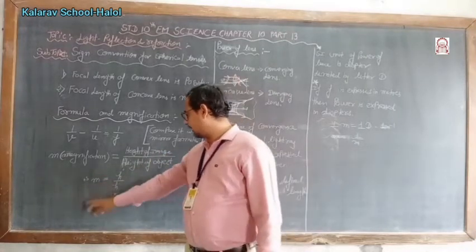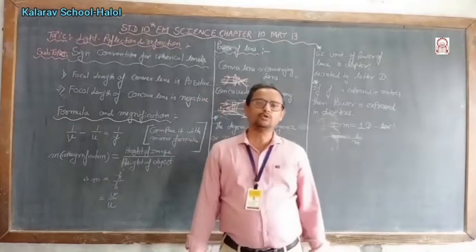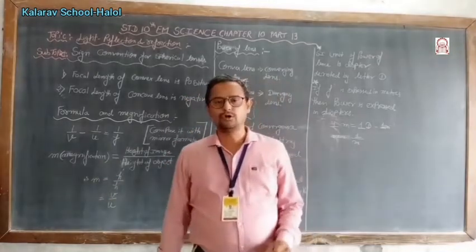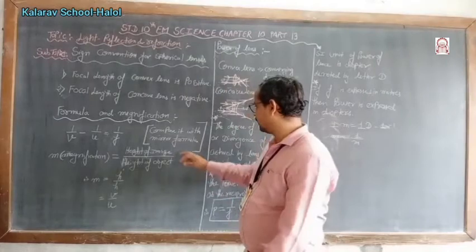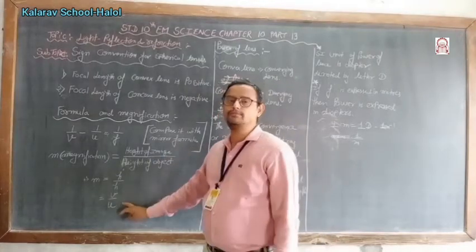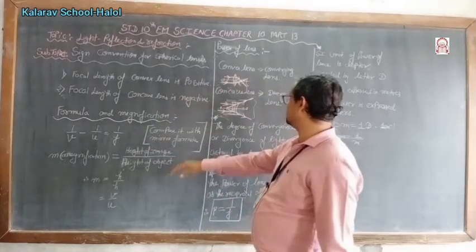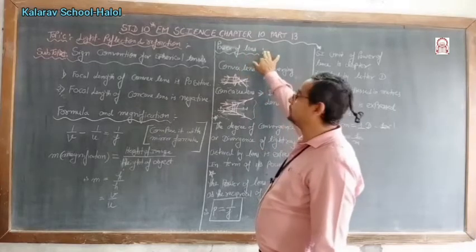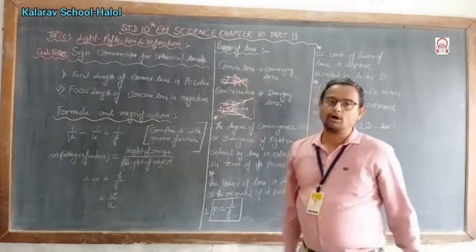So m equal to v upon u, meaning it is the ratio of image height and object height. Is it clear?